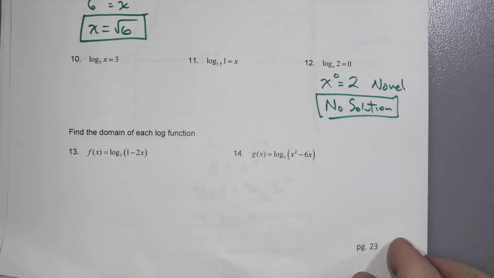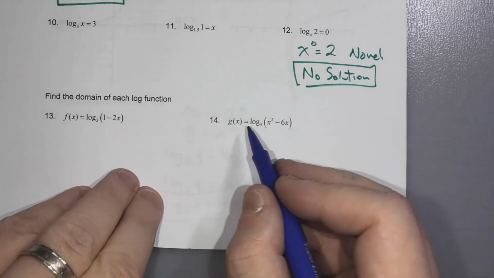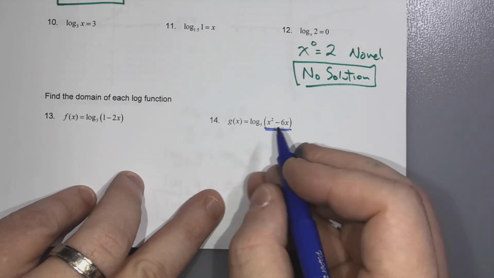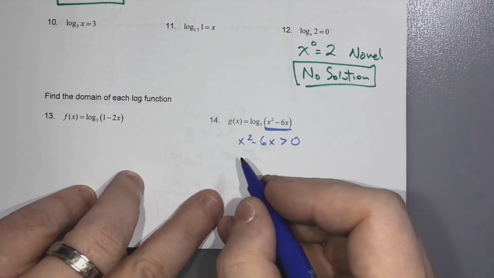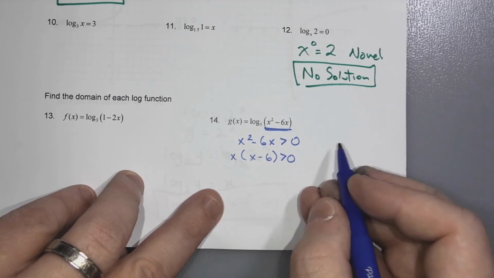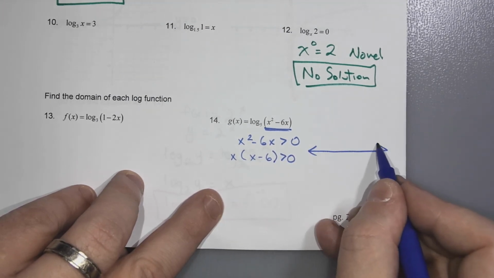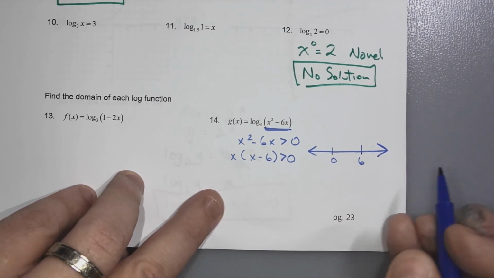And then finally, for our domains, let's do this one. We just need the domain, so I need to make sure that x squared minus 6x is larger than 0. I need x times x minus 6 to be bigger than 0. So make a number line that has a 0 on it and a 6.